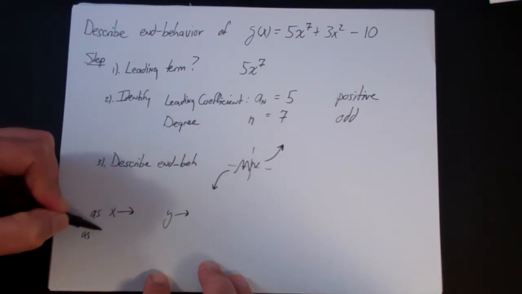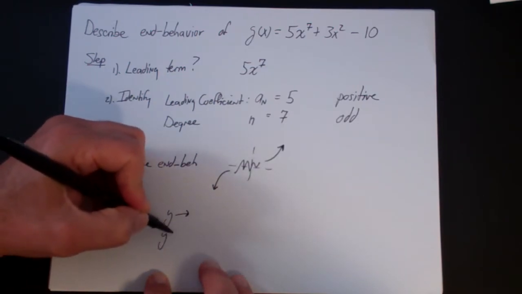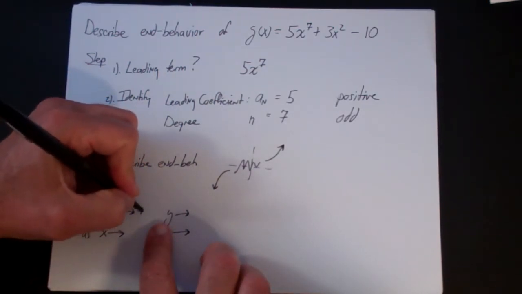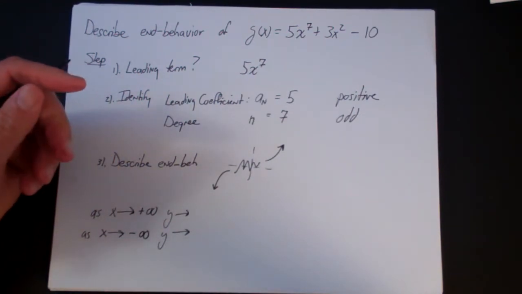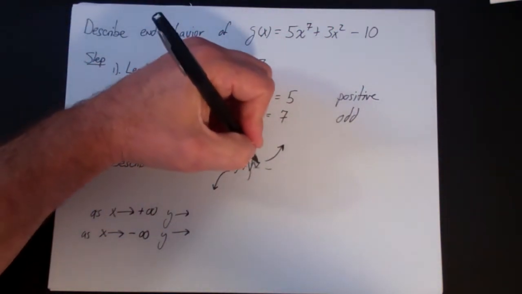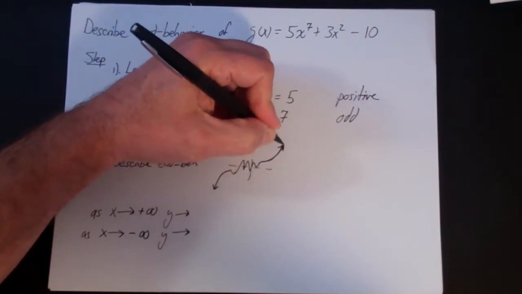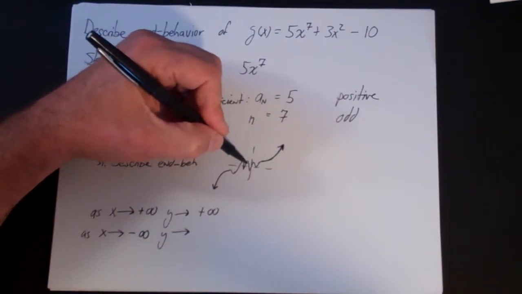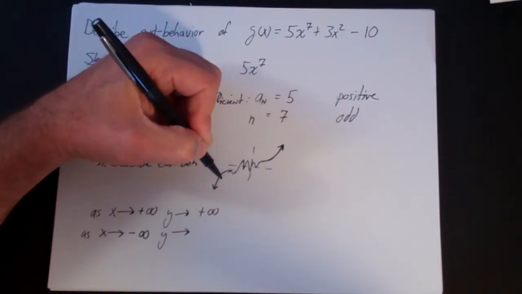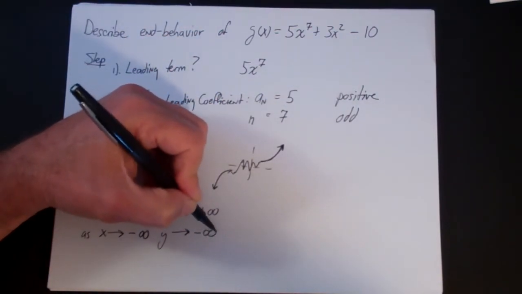And as x goes to blank, y goes to blank. First we're going to look at it as x goes to positive infinity, and then as it goes to minus infinity. As x goes to positive infinity, then if you notice, y goes to positive infinity. And as x goes to negative infinity, y goes to negative infinity.